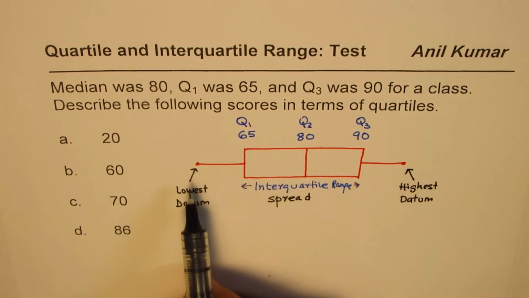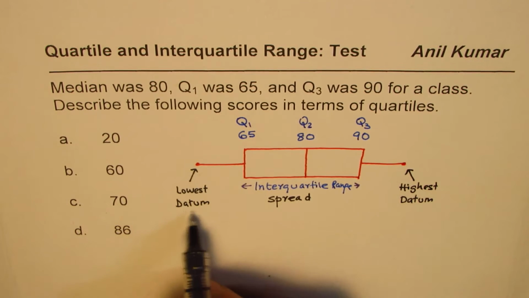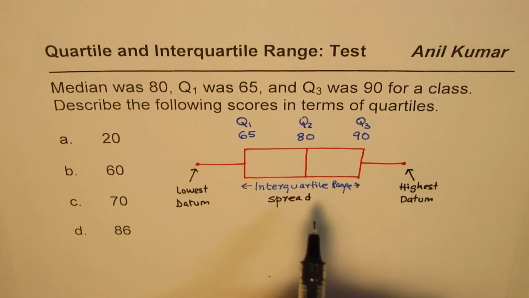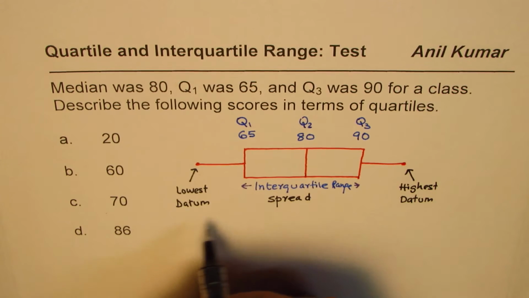This is important to answer our question, since we could have a few terms which are outliers, right? So which are outside the main data. To calculate the lowest and highest datum, we need to find the interquartile range. So let's begin by finding the interquartile range first.